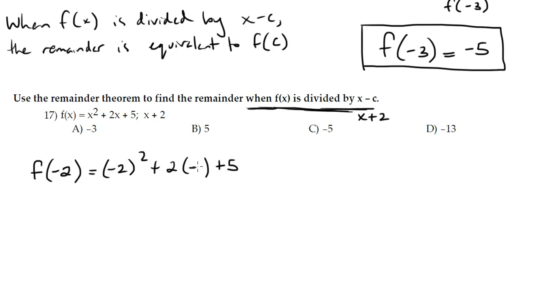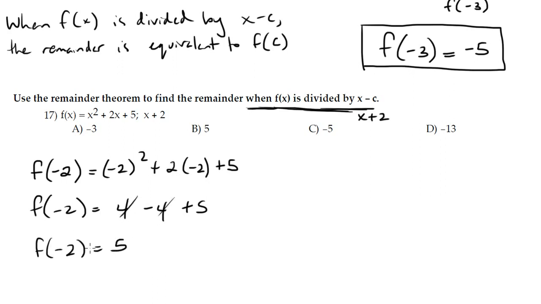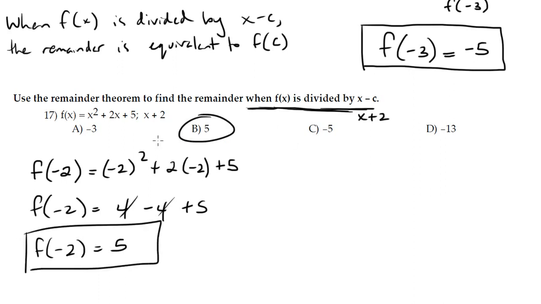Substitute -2 for x. -2 squared, that's 4. Minus 4 plus 5. f of -2, 4 minus 4 is 0. f of -2 is 5. That's my remainder. B. My remainder is 5. f of -2 is 5.